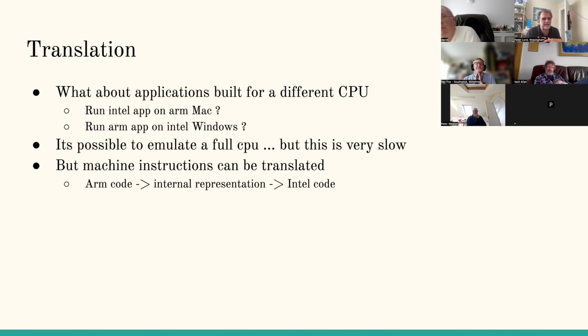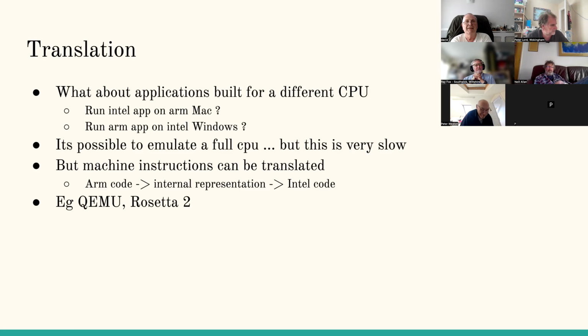And that native Intel code can then run at full speed on your Intel hardware. How do they do that? Mind boggles. So a couple of implementations of this. A very common one, which probably very few people have heard of, is a thing called QEMU. I'm never sure how to pronounce it.